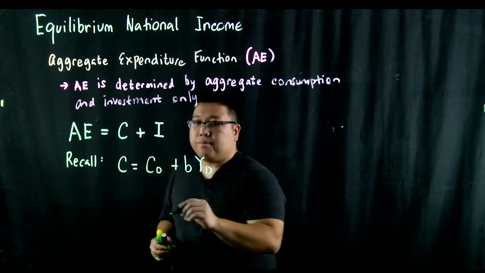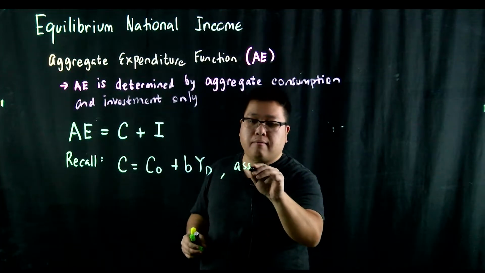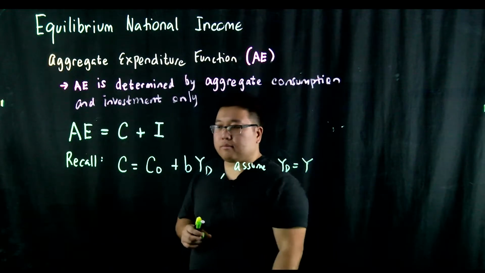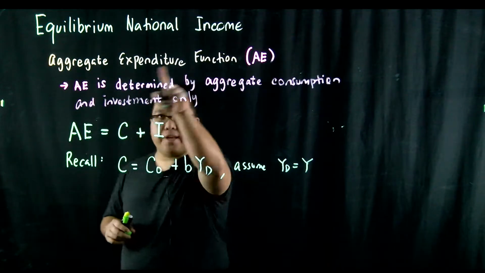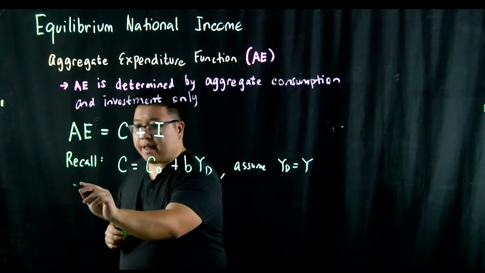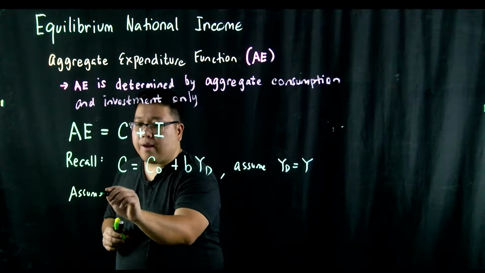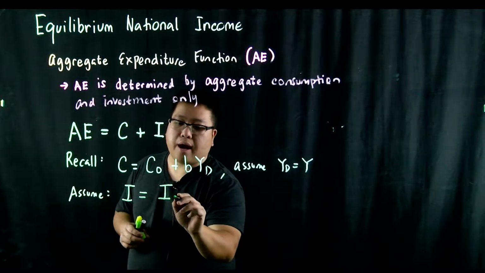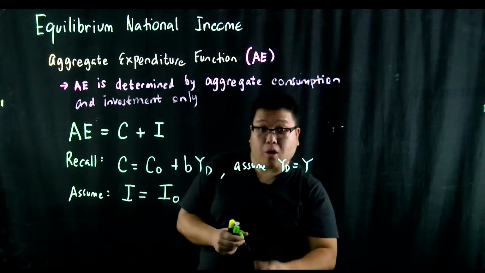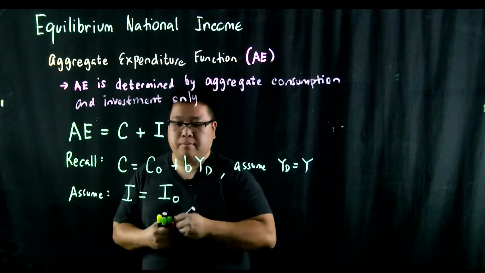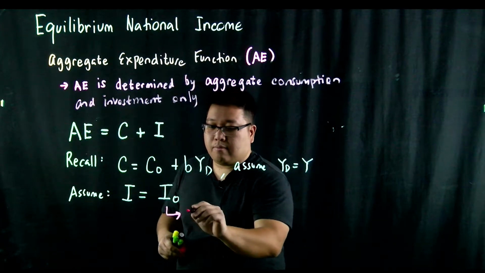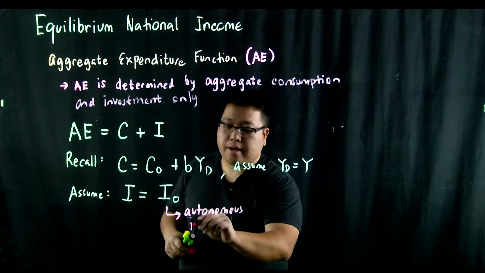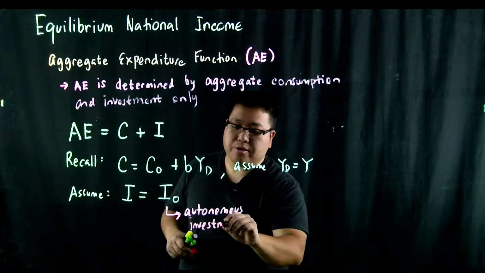And we assume that YD equals Y. And I'm going to assume for this model that our investment is autonomous. I'm going to call this I equals I sub 0. So it's called autonomous investment.